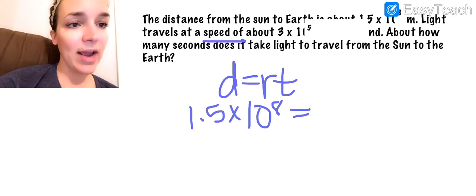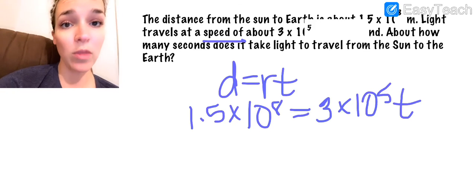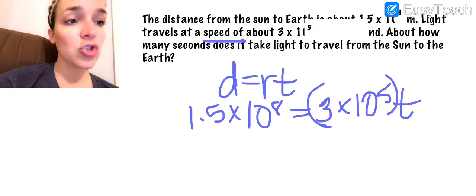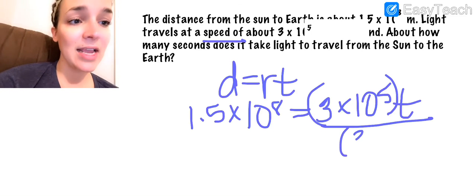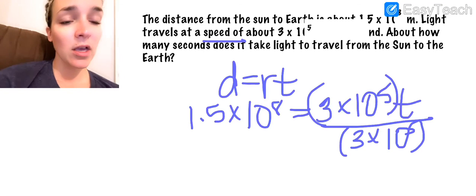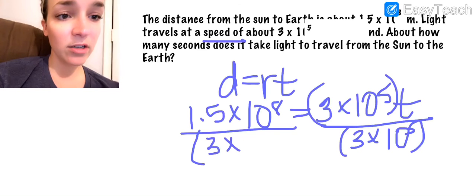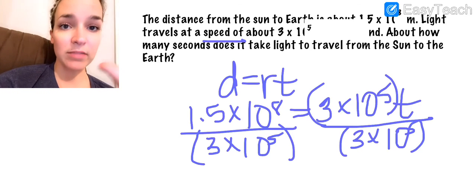The rate is going to be 3 times 10 to the 5th power, times the time, which we don't know. So if we're wanting to solve for t, then we need to undo that multiplication by dividing by 3 times 10 to the 5th power. And if we divide one side by 3 times 10 to the 5th, we need to divide the other side by 3 times 10 to the 5th.